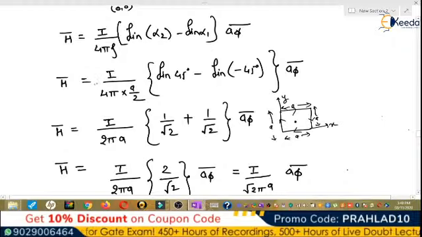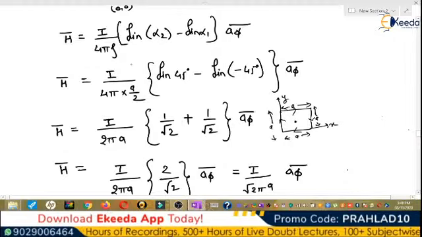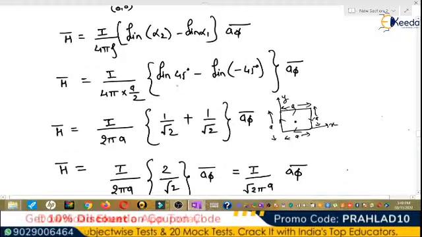So H vector is I by 4 pi rho, sin alpha 2 minus sin alpha 1, a phi vector. So H vector is I by 4 pi a by 2, sin 45 minus sin of minus 45, a phi vector. So I by 2 pi a, 1 by root 2 plus 1 by root 2, a phi vector.